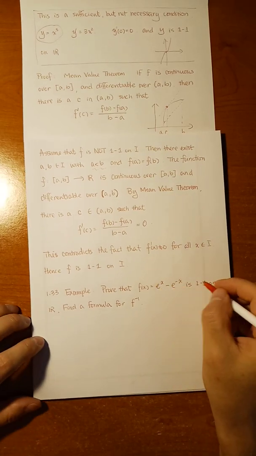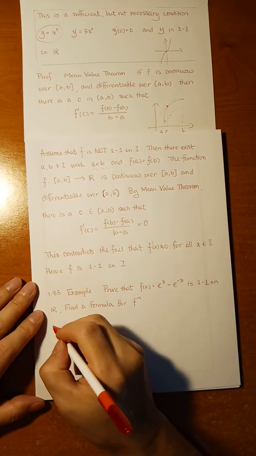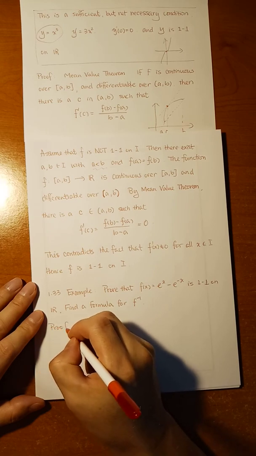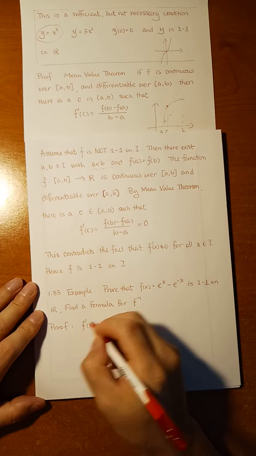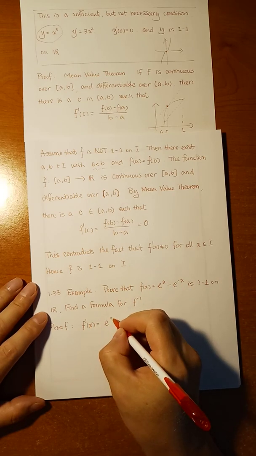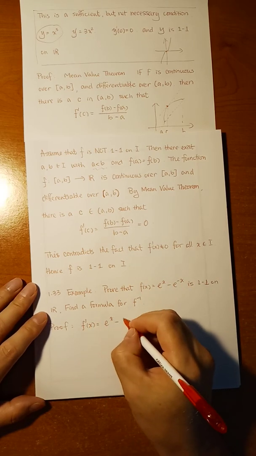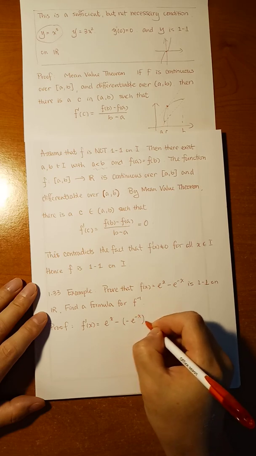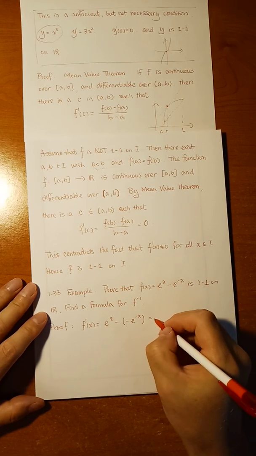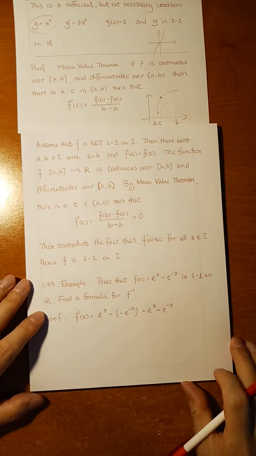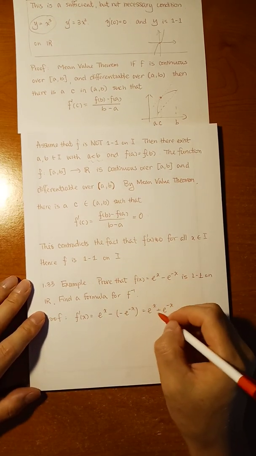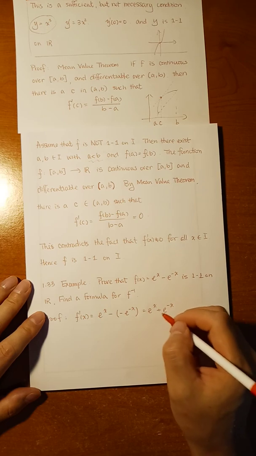To show it is 1 to 1, we are going to apply this remark. Let's try to compute the derivative. f prime is e to x minus negative e to negative x, right? By the chain rule, it is equal to e to x plus e to negative x. And we know that the exponential function is always greater than 0.